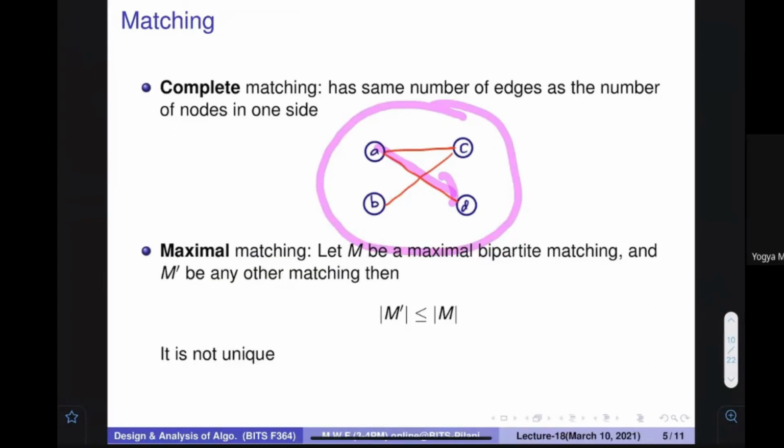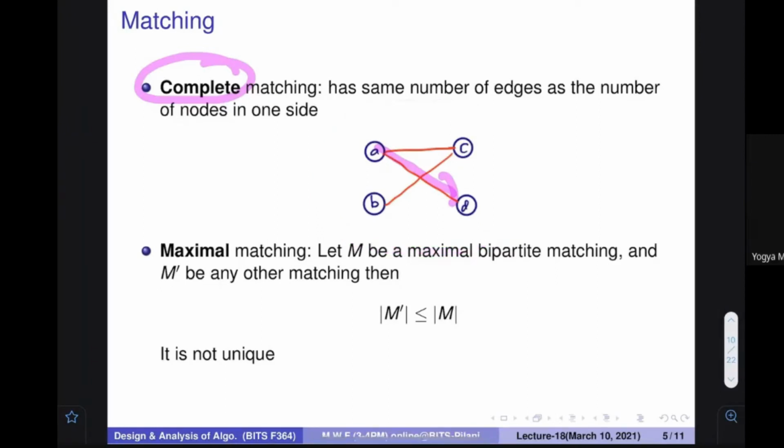So we don't talk about the complete matching anymore. We just want to find out how large a matching you can make, so we talk about the maximal matching. Let's assume that there is some matching M that is maximal, meaning it is of the largest size.